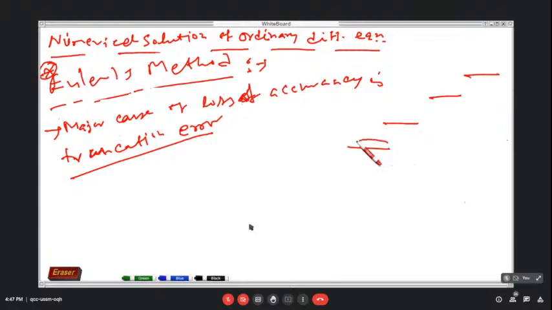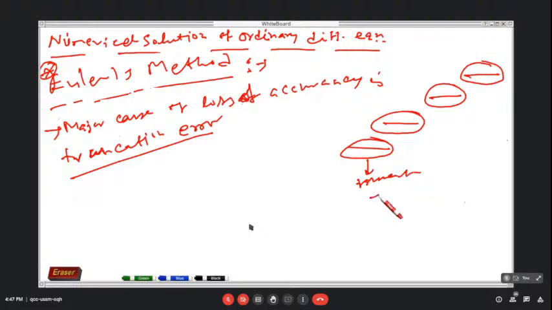So now each step you are doing the truncation, right? क्योंकि हर स्टेप में, हर पॉइंट पे आपको फुल Taylor series लेना चाहिए था, but we are not considering the entire Taylor series. So each step we are making truncation error, right?